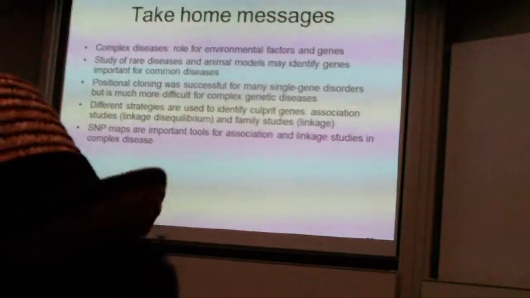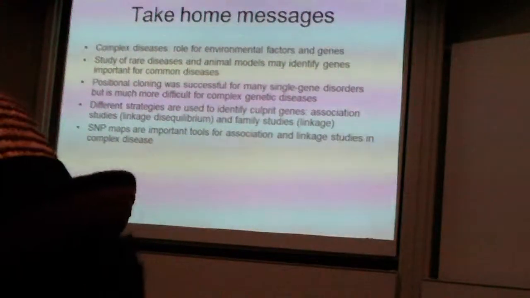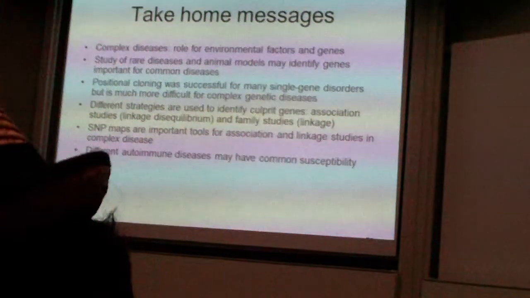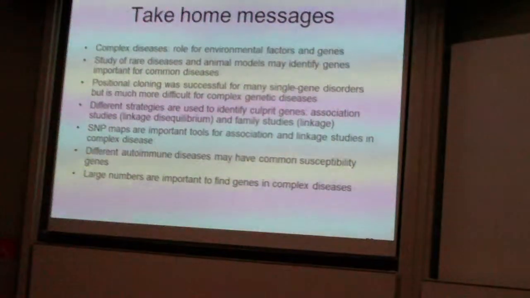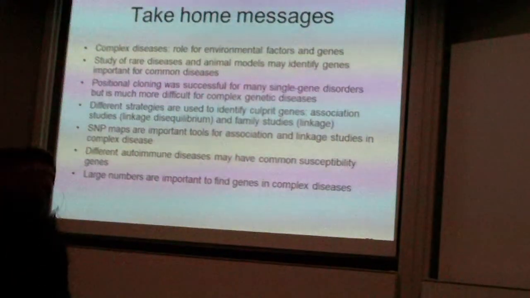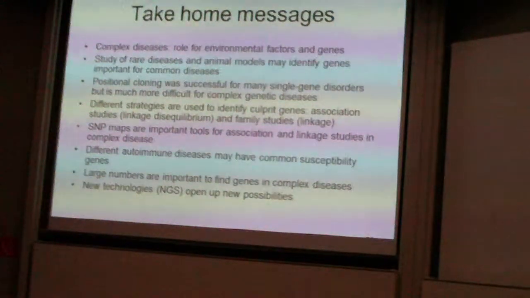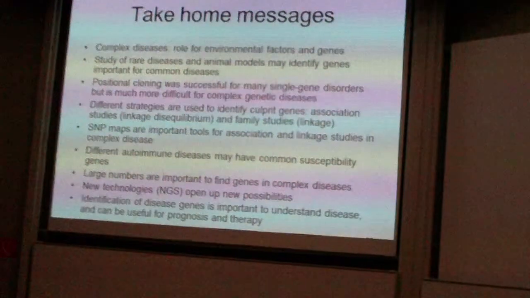But to find the genes in more complex diseases, you need other technologies such as the association studies involving, for instance, the SNPs, the SNP maps, and you need large numbers. Both numbers of samples, but also large collaborations of researchers to identify those genes. And you have to follow up the new technologies because they will open up many, many new possibilities.